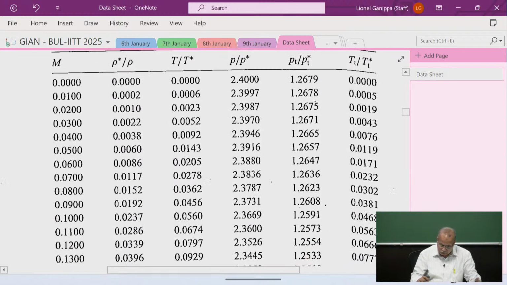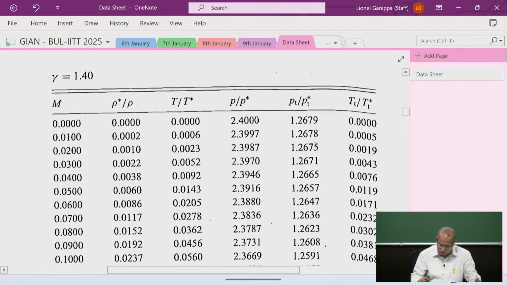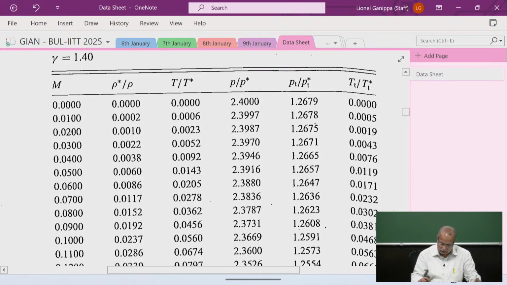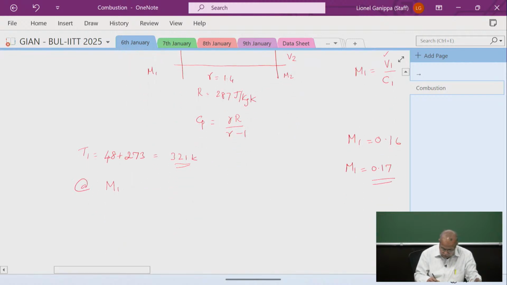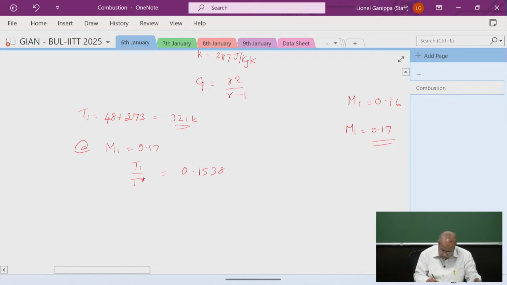Which means that you have got the values for T by T star, P by P star, PT by PT star, TT by TT star. At M1 equal to 0.17, you have T1 by T star. What's the value? 0.1538.